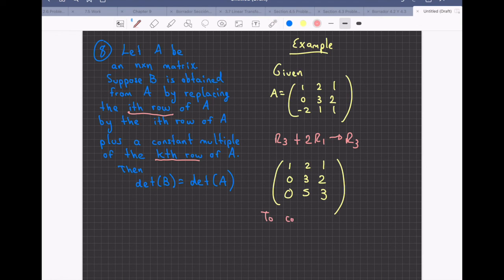to compute the determinant of B. We will expand by cofactors in column 1.